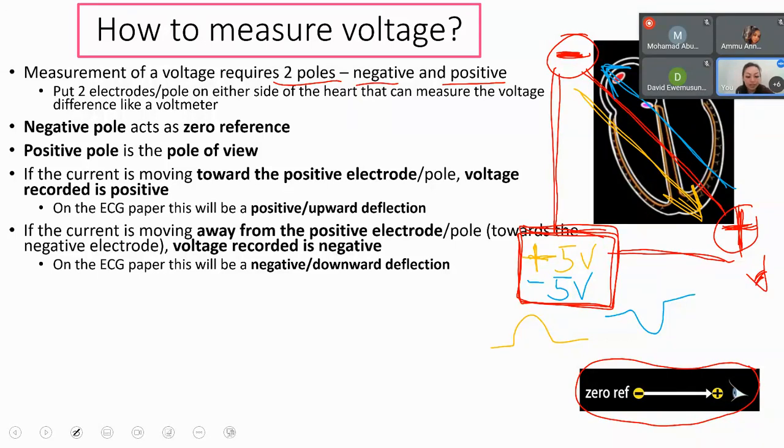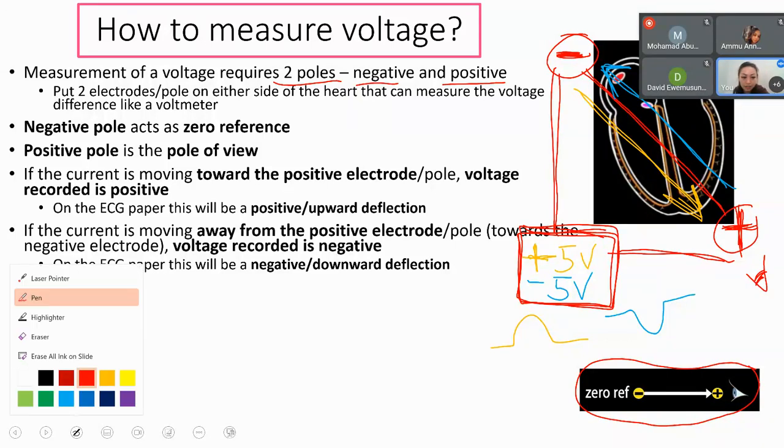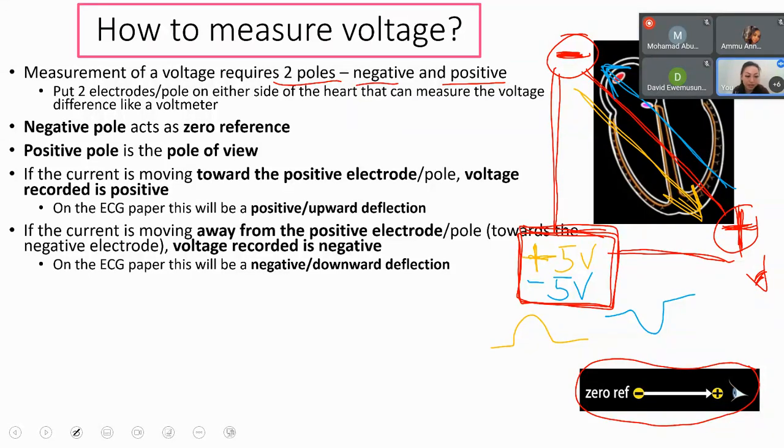So if my current is going towards my positive electrode, it will be a positive deflection on the ECG trace, and on the voltmeter, it will be a positive voltage. Okay? And if I have a current that's going away from the positive towards the negative, it's going to be a negative deflection on my ECG paper, and the voltmeter would register a negative voltage. Is that clear?